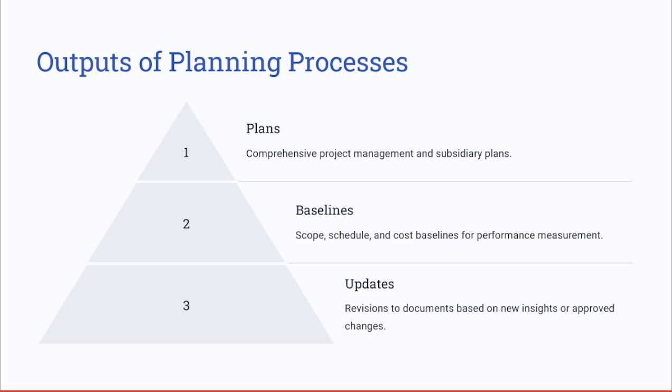Also, one of the outputs produced by the project management plan is the baselines for the scope, schedule, and cost, which are established as a benchmark for performance measurement. As the project evolves, updates to plans and documents are made to reflect approved changes and maintain alignment with the project objective. These outputs ensure the project remains on track and adaptable to change.